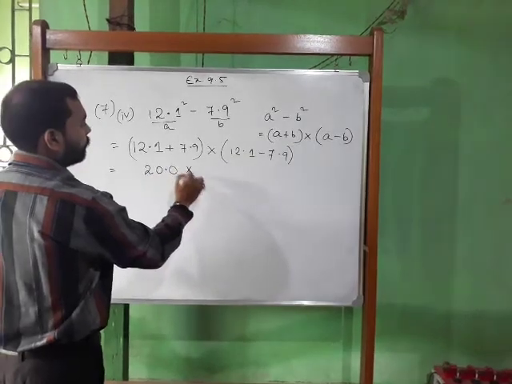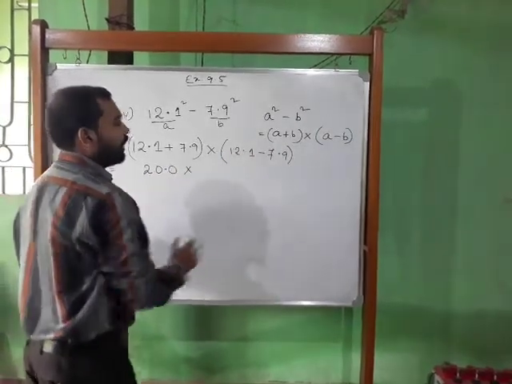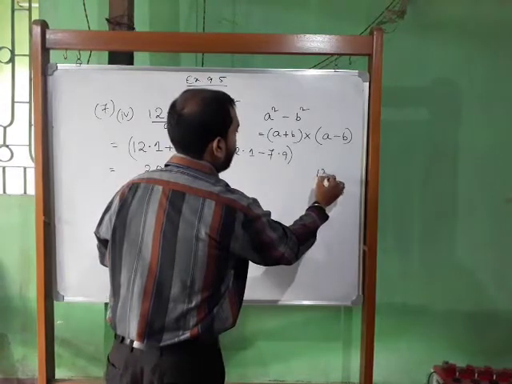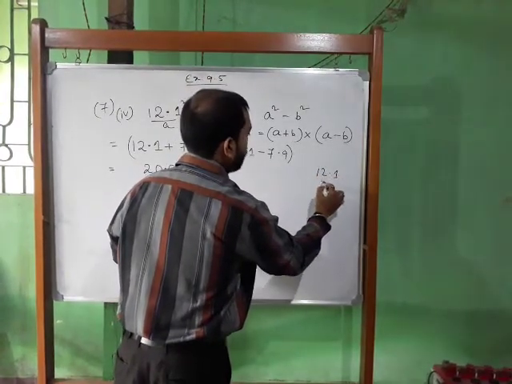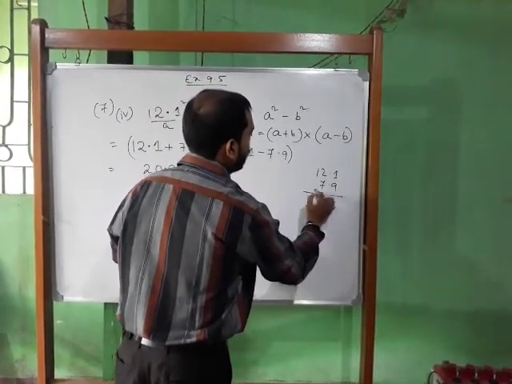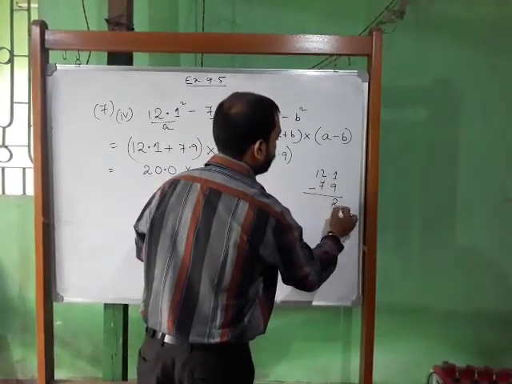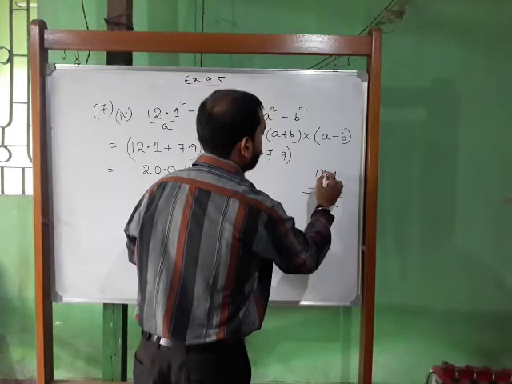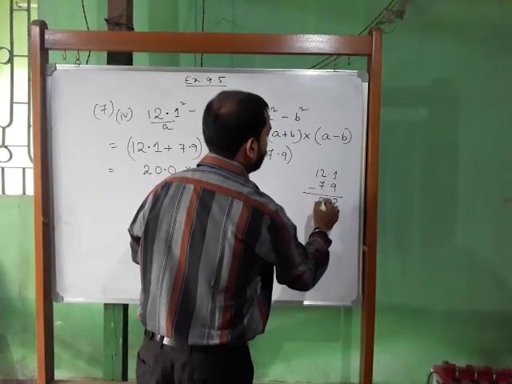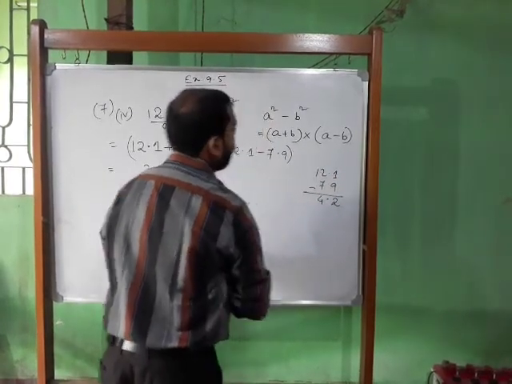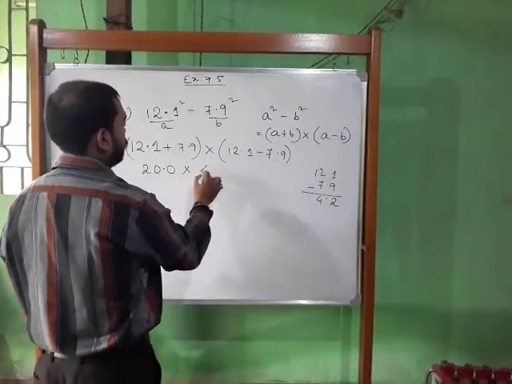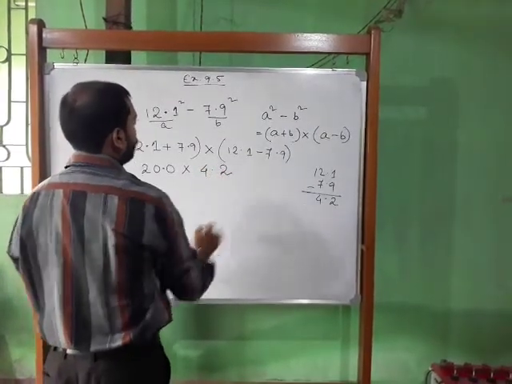Now, if you subtract 7.9 from 12.1, the answer is 4.2.